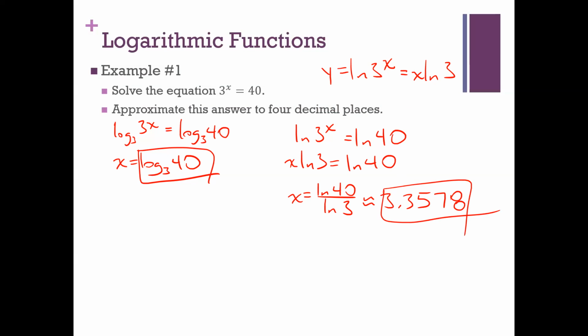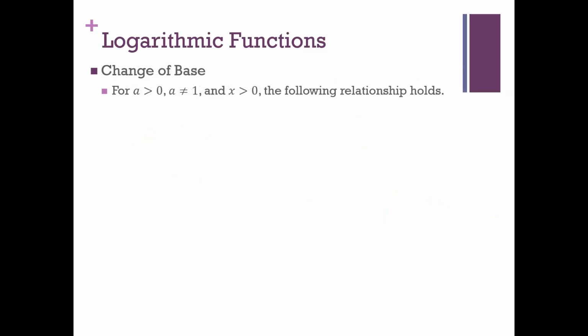All right, so that was this method right here. Sometimes you'll see it called the change of base formula. So if you have a log base A of any positive number, you can rewrite that as natural log over natural log of A, or really anything.